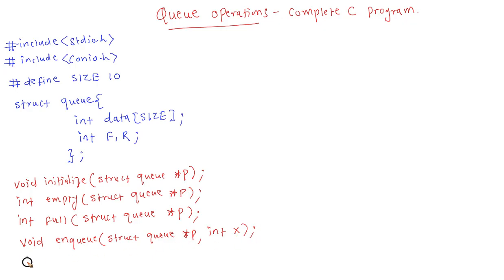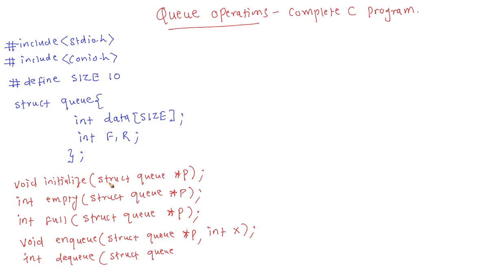So int dequeue. This dequeue function will remove an element from the queue and it will return that element to the calling function. So to this dequeue also we'll pass the address of the queue, struct queue.